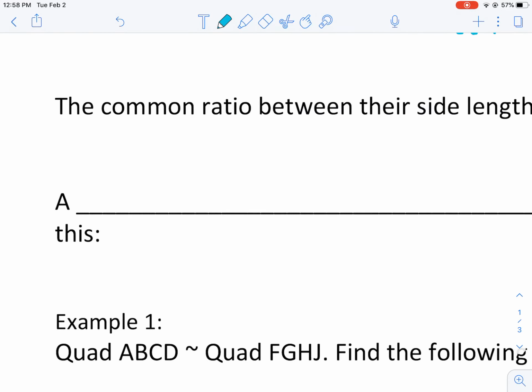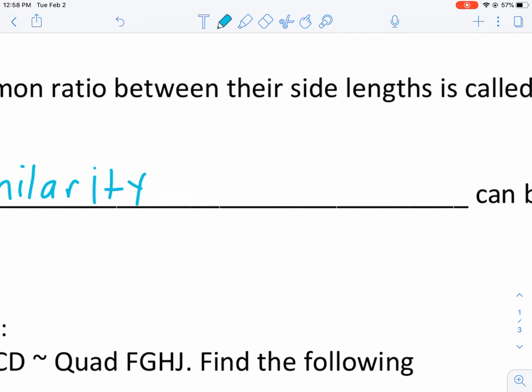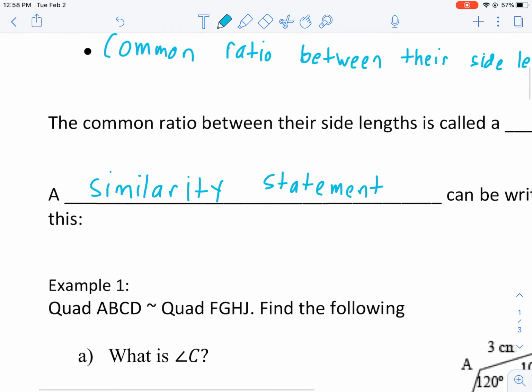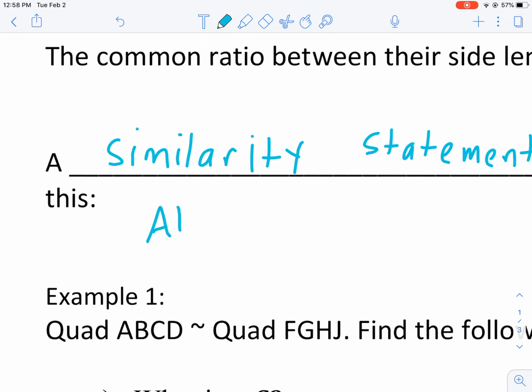And so when two things are similar, you can write what's called a similarity statement. So it's kind of like a congruent statement. When you write a similarity statement, it looks like this. So you could say triangle ABC.